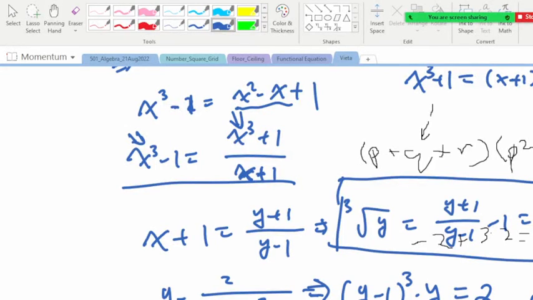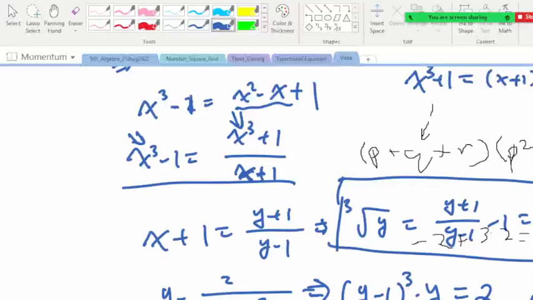But y equals x cube, so x equals, okay, but this one is not a root of f of x.